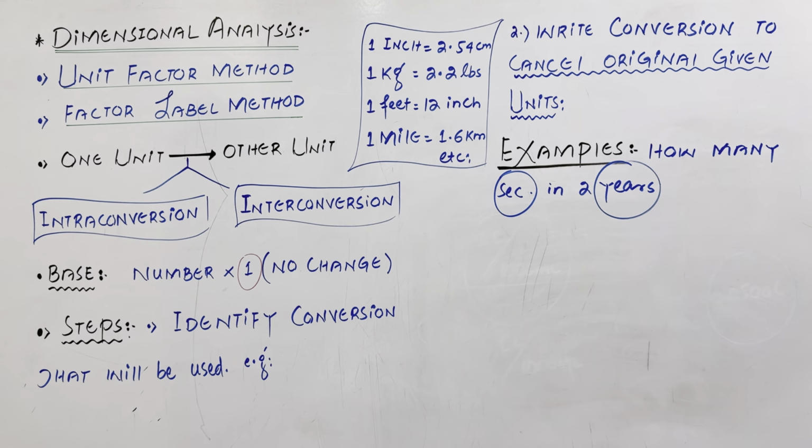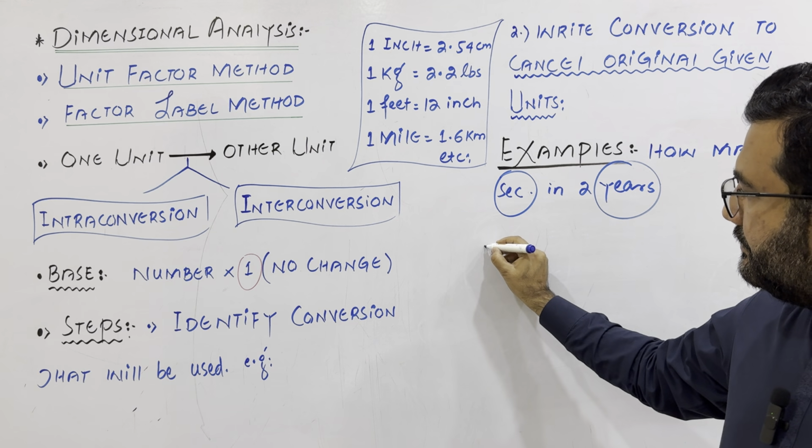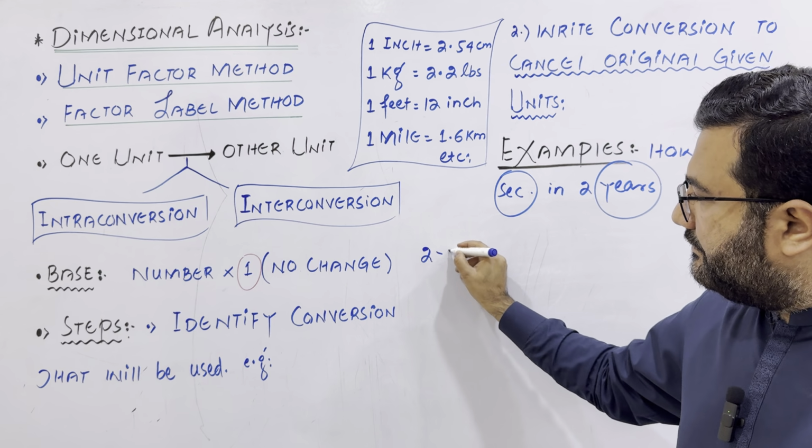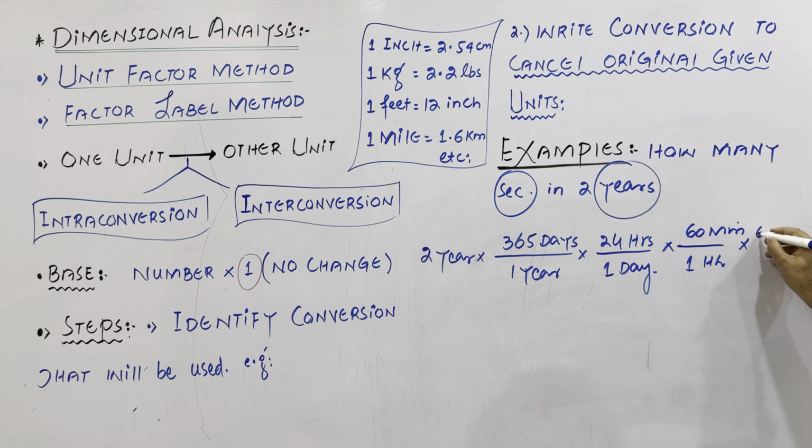So its conversion will be written as 2 years multiplied by 365 days in 1 year, multiplied by 24 hours in 1 day, in order to convert the days into hours, and then 60 minutes in 1 hour, and then 60 seconds in 1 minute.